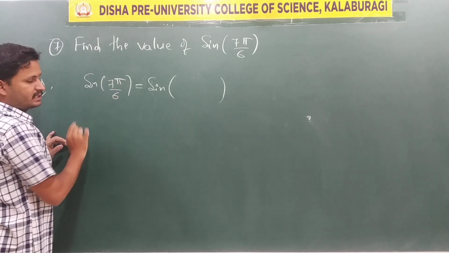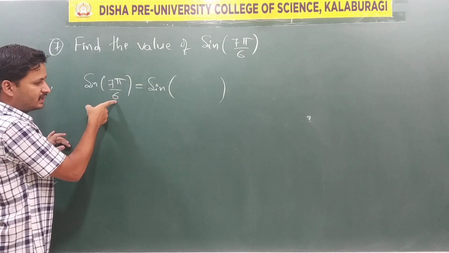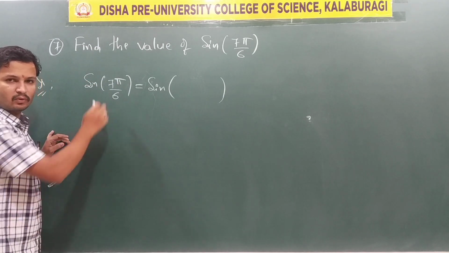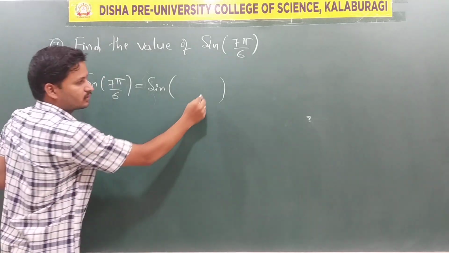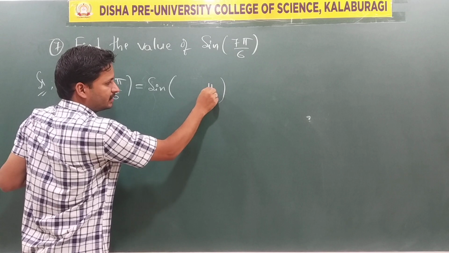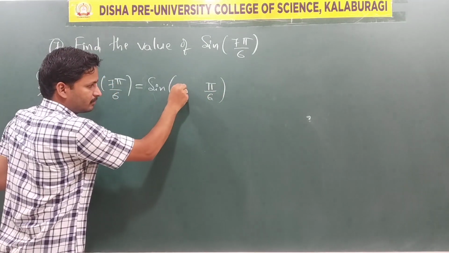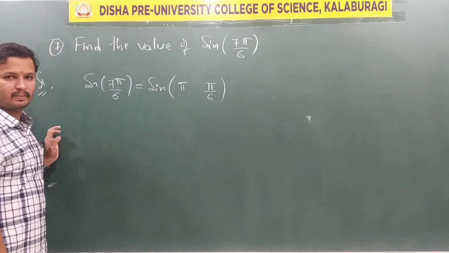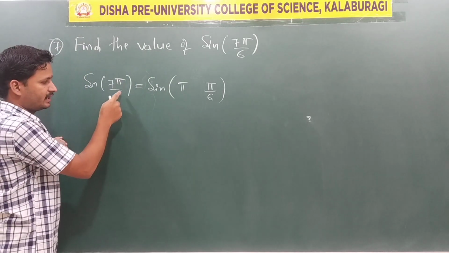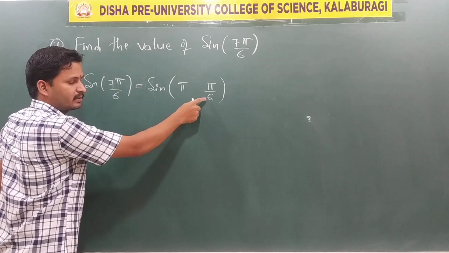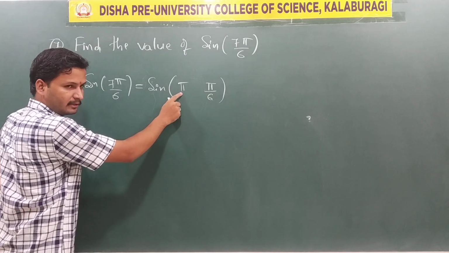Here pi divided by 6 is there. Just observe pi divided by 6, leave the 7. So write down pi divided by 6 and take here pi.